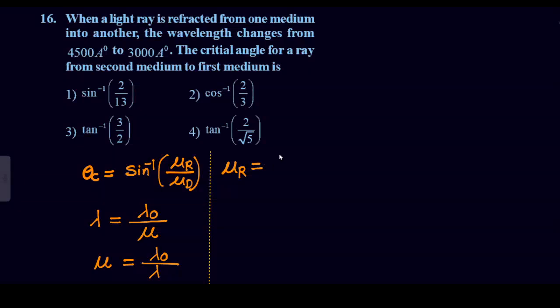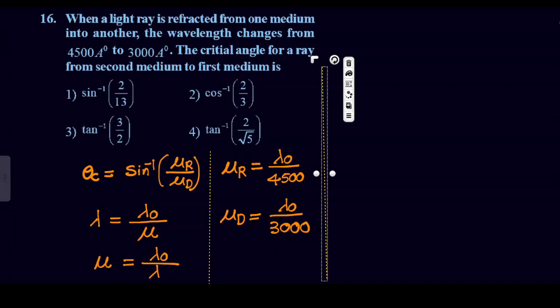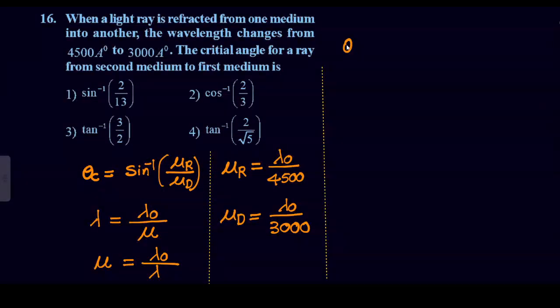So mu r is equal to lambda naught by 4,500, and similarly mu d equal to lambda naught by 3,000. From this we can get the critical angle. So theta c is sine inverse of mu r by mu d.